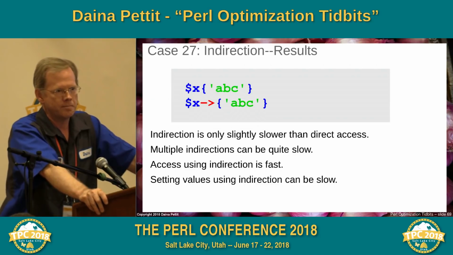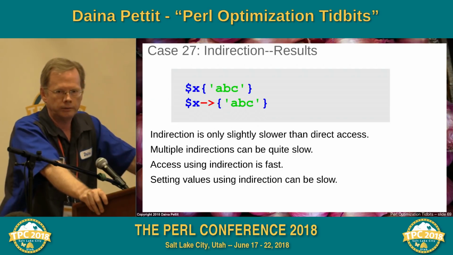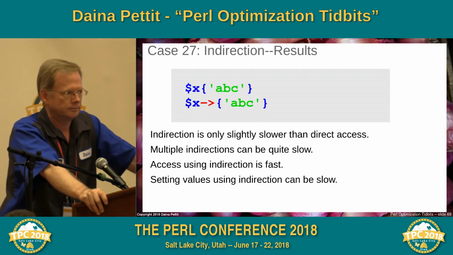However, if you have multiple indirections, or if a statement within an index to the hash is complex, then it starts getting ugly and actually can be quite slow. I had a case where there were 3 levels of indirection, and it took about 5 times as long, which was puzzling to me that it kind of ballooned like that.